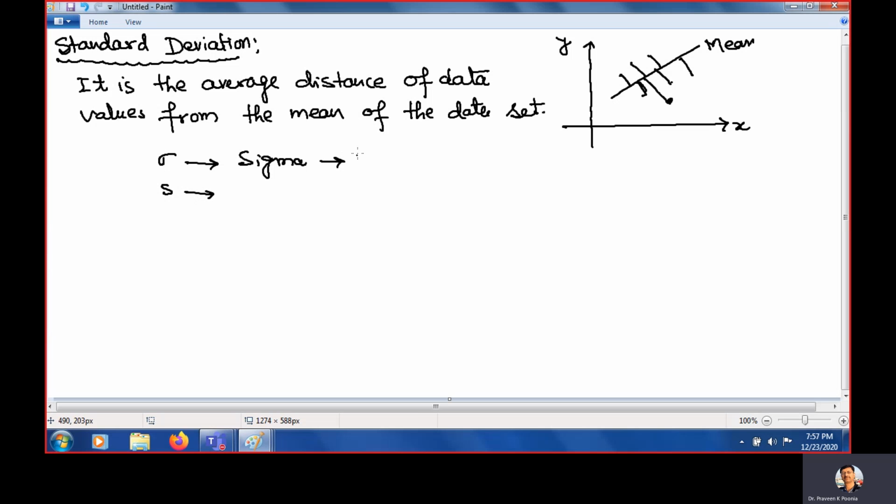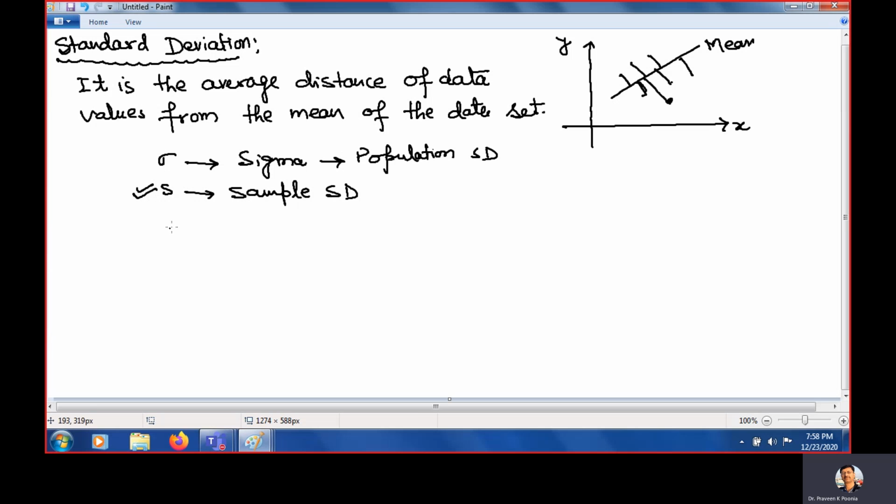So this is population standard deviation and this is sample standard deviation. If you remember, in the previous lecture also, we did not choose the population, we chose the sample mean. So here we are going to choose the sample standard deviation.